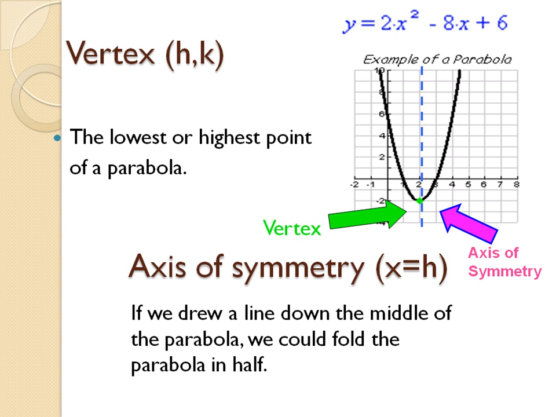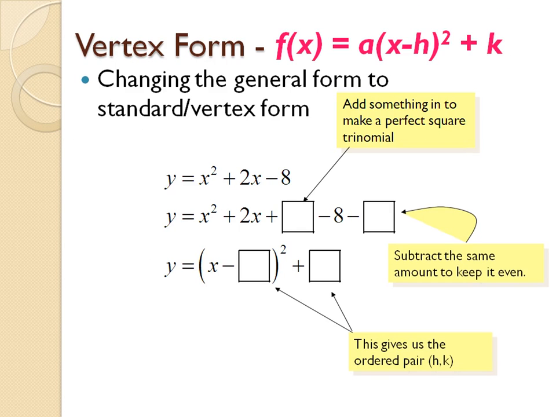If you were to divide this parabola in half, the x here will be x equals 2, and this blue dashed line represents the axis of symmetry. It's a little off, but it should be right on that 2 here. The vertex form again is f of x equals a times x minus h squared plus k.